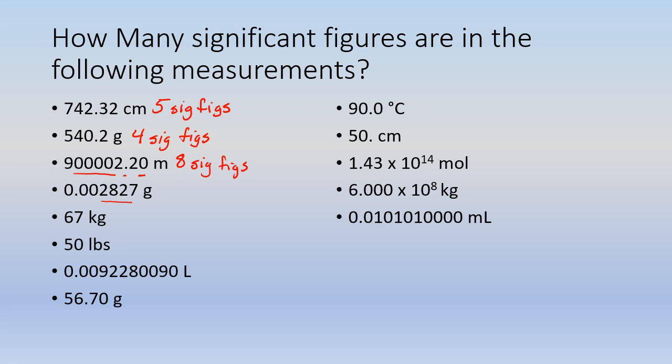They are not significant. So in this case, the first non-zero digit is 2. Any zeros that come before that would be insignificant. So those 3 zeros are not significant. There are only 4 sig figs in this measurement.